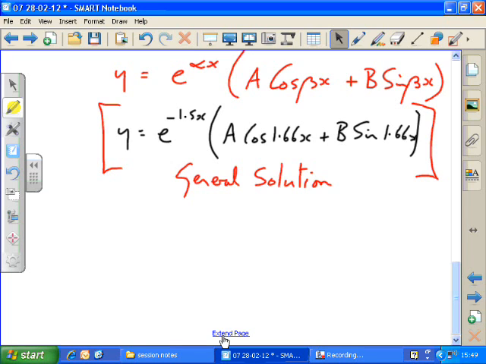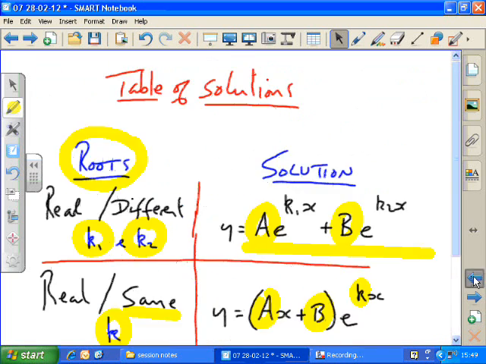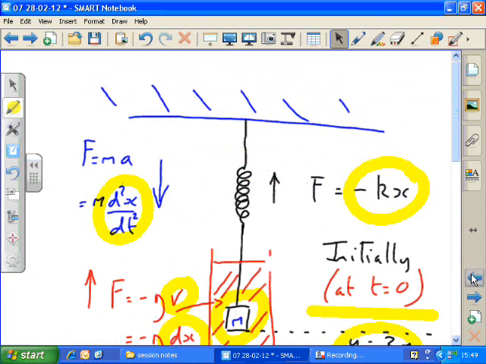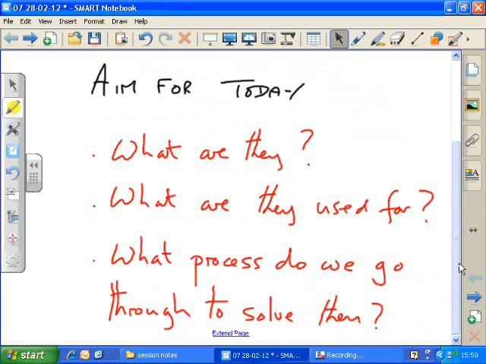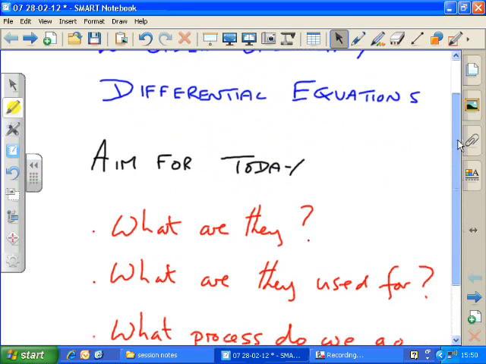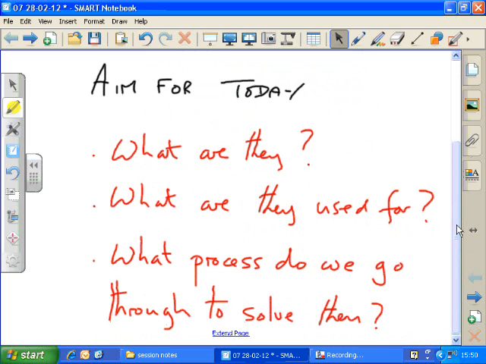Okay, let's just have a look back at this again. So, the aim for today, ordinary differential equations. What are differential equations? They're equations because they've got an equal sign in them.